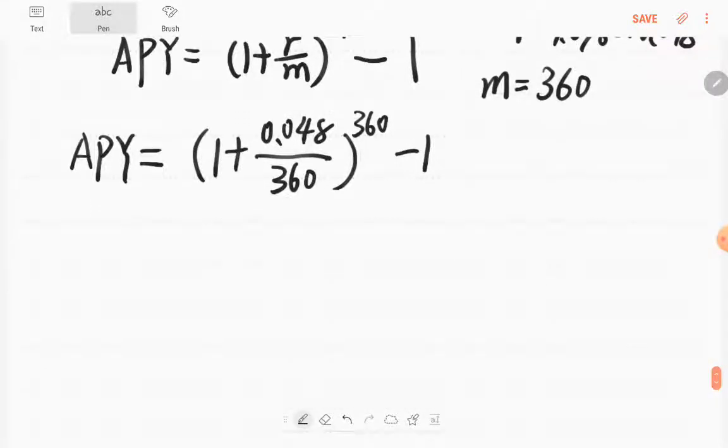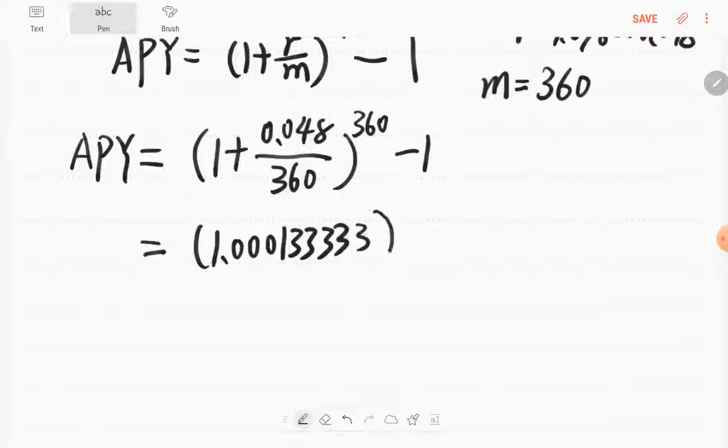If you calculate inside the parentheses, this would be 1.0001333, right, to the 360, minus 1. Here we should keep as many decimals as possible because our power is very large, so you may have a big error if you do not keep enough decimals.